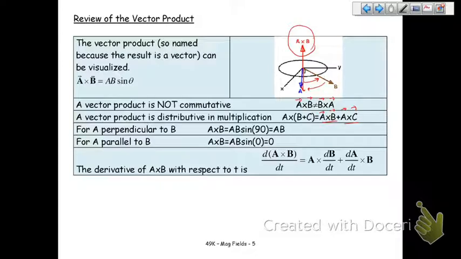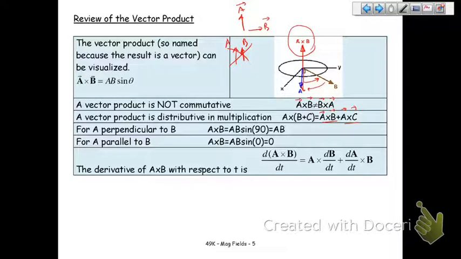Now, if we write it out longhand, it's the magnitude of A times the magnitude of B times the sine of the angle between them, not the cosine. Sine for cross products. So if A and B are parallel, I get the sine of 0, which is 0. If A and B are perpendicular, I get my maximum effect.